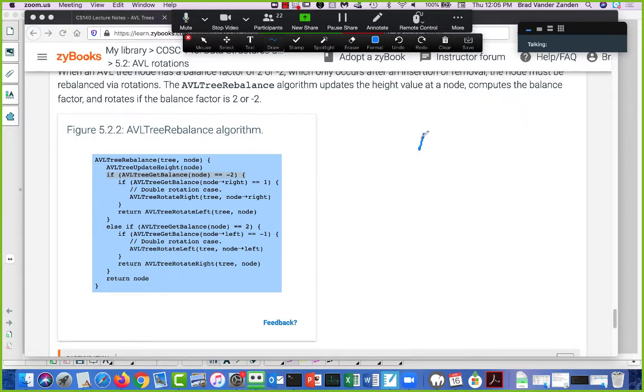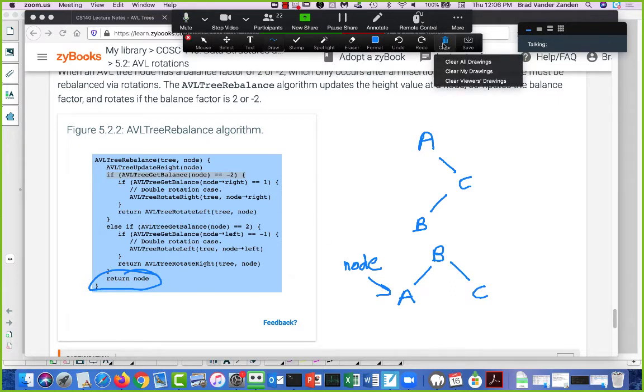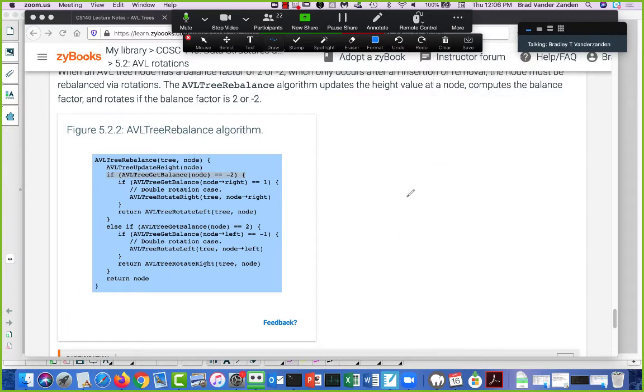Going back, our situation maybe was A and C and B. When we're done, we have B pointing to C and A. Node still points to A, and that's what we return here. Okay, so at this point, we are done. We have rebalanced about that tree, and it turns out for an insert case, at this point, we know the tree is rebalanced and we could stop here.